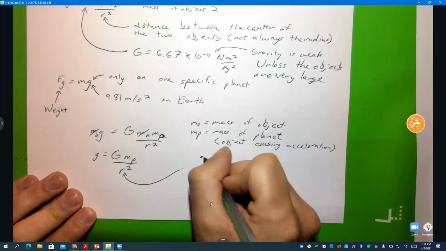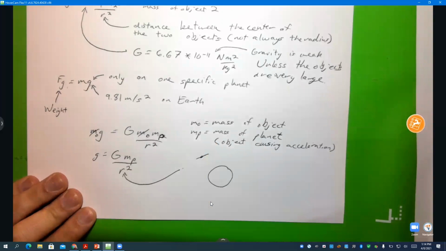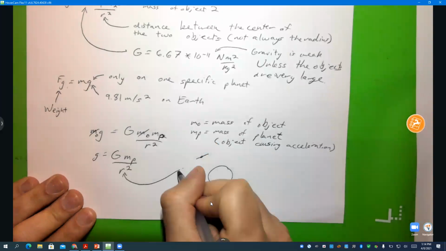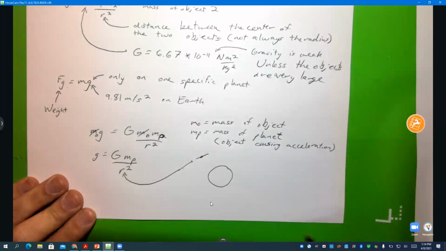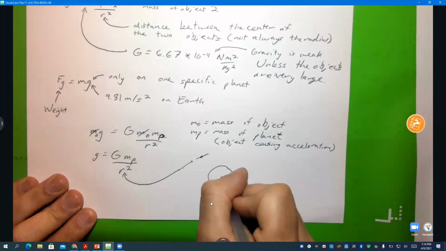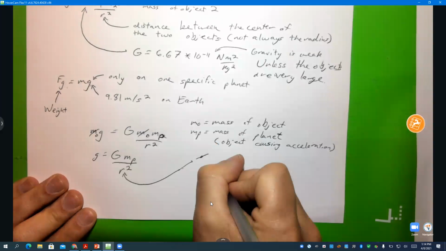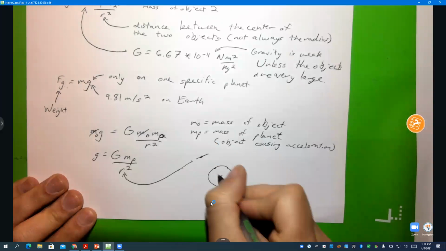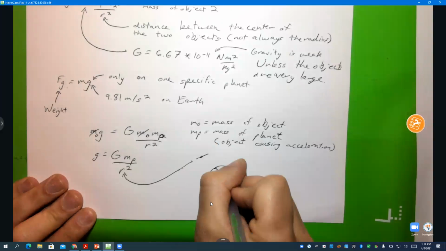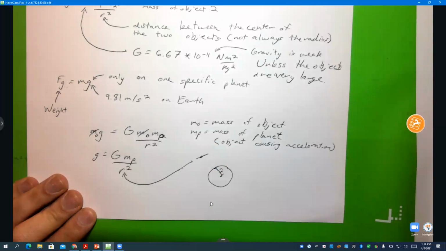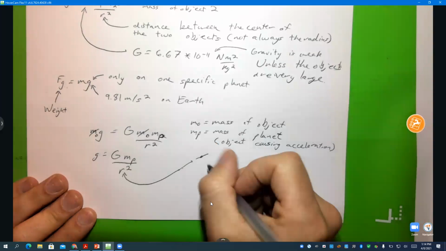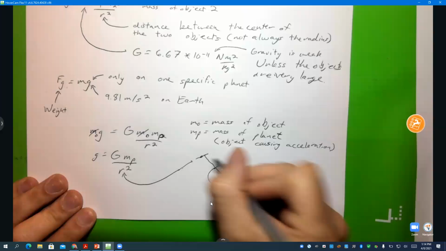Maybe we'll make it into a satellite. Okay? Want to know what the g is here. Then the R is going to be this radius of the planet plus the altitude.